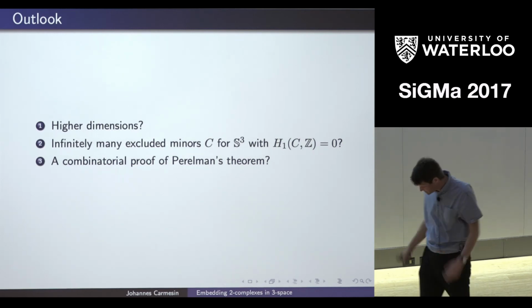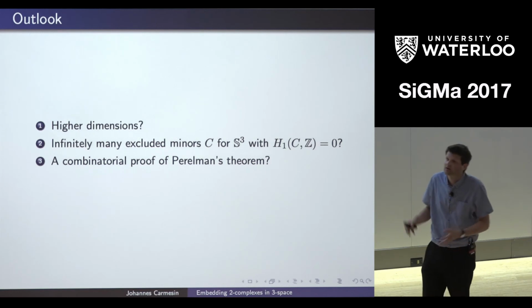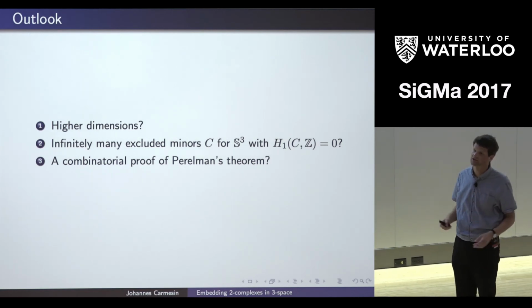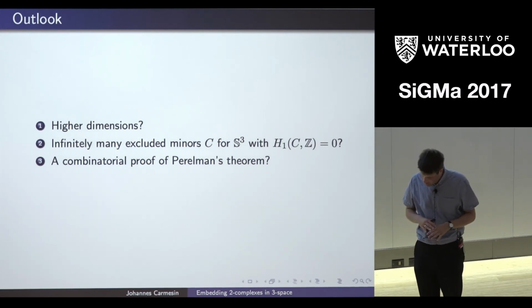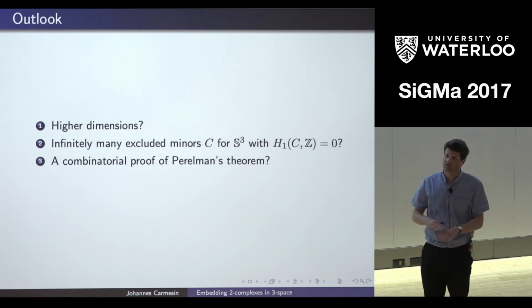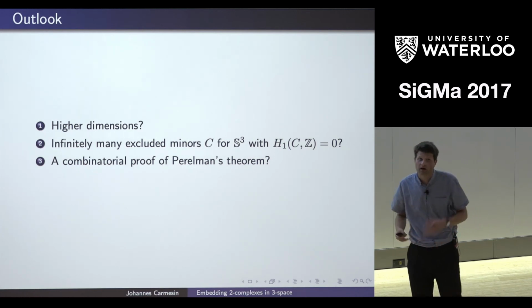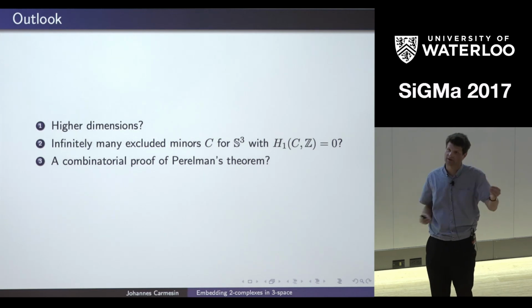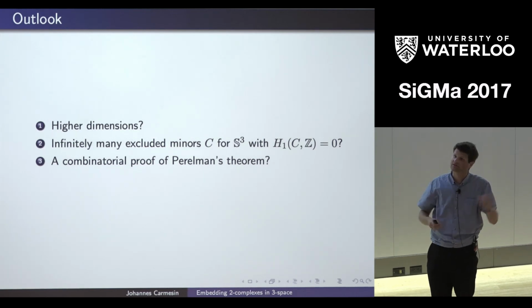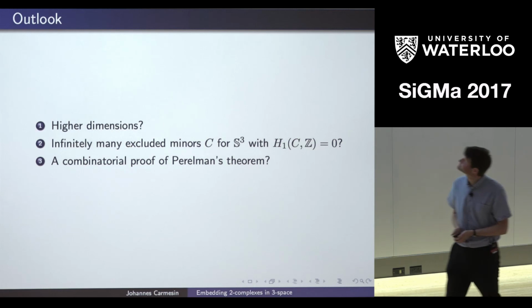Right, okay. So the natural question is, could we extend this somehow to higher dimensions? There are lots of characterizations of embeddability in the plane, so how do they extend to 3 dimensions, and what relations do these extensions have between them?